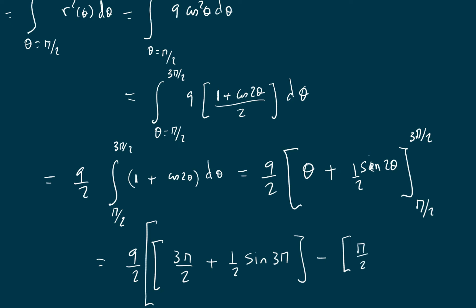So it will be pi divided by 2 plus 1 half of sine of 2 times pi divided by 2, which is pi.